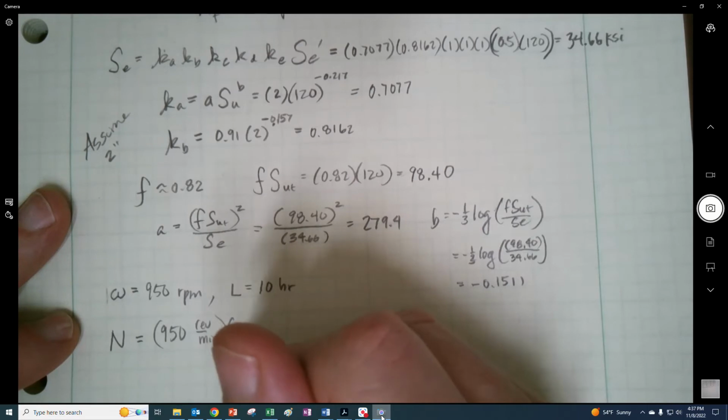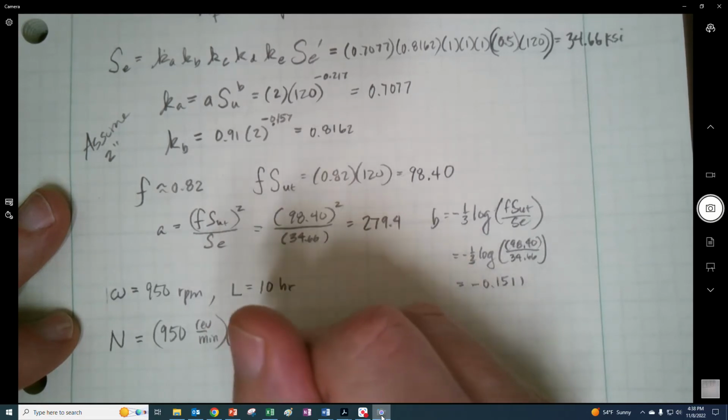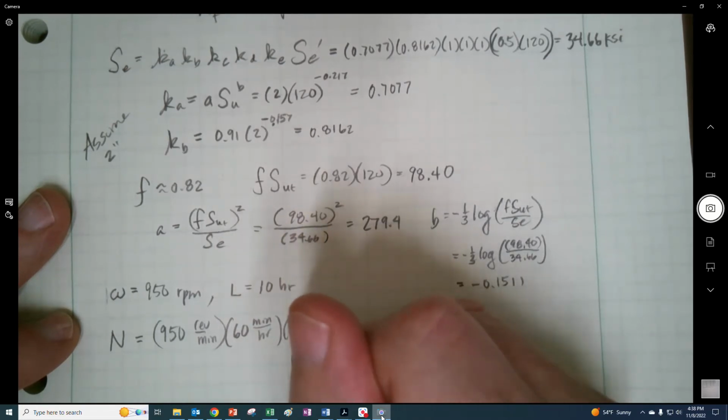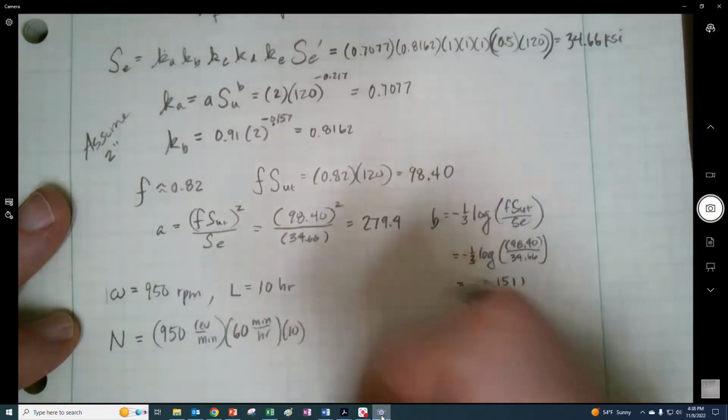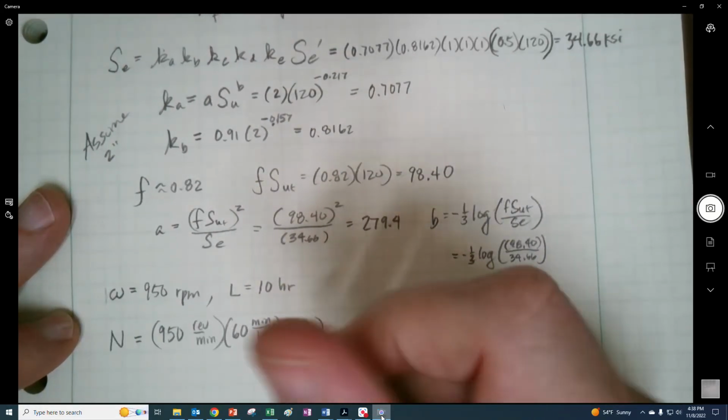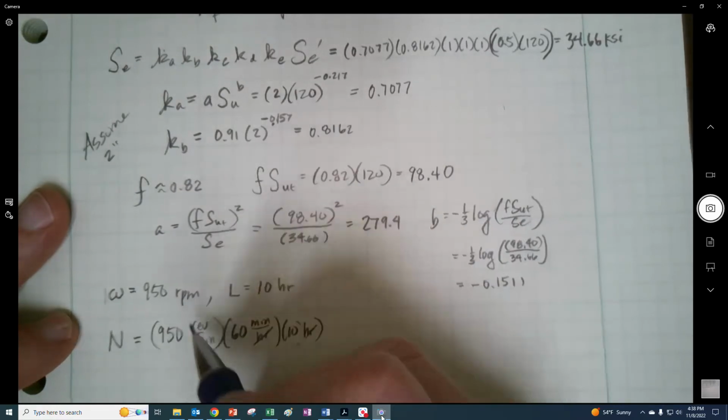And we want to go 60 minutes per hour, and then we're going to go for 10 hours. I should write hours right there. You can see that we get rid of those and those.